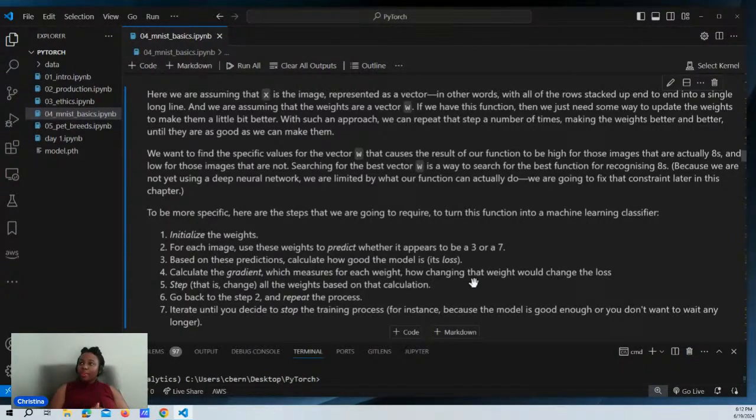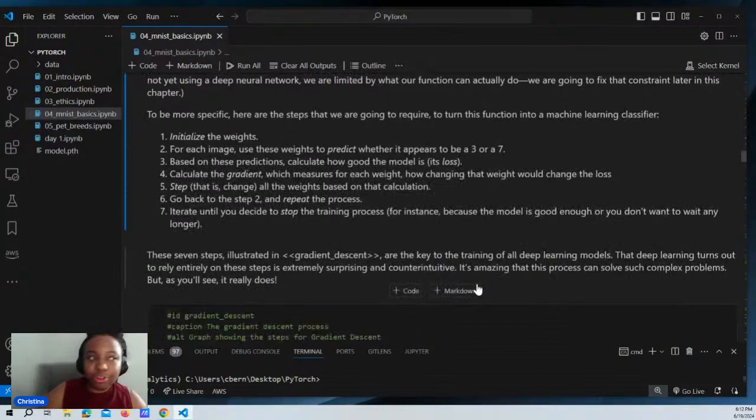And then based on these predictions, calculate how much loss there is, which determines how good the model is. Then it calculates the gradient, which measures for each weight what changed with that loss, and it takes a step. And then all the weights are updated based on that calculation. And then you just repeat this over and over until you stop your training process, and that's kind of how it works.